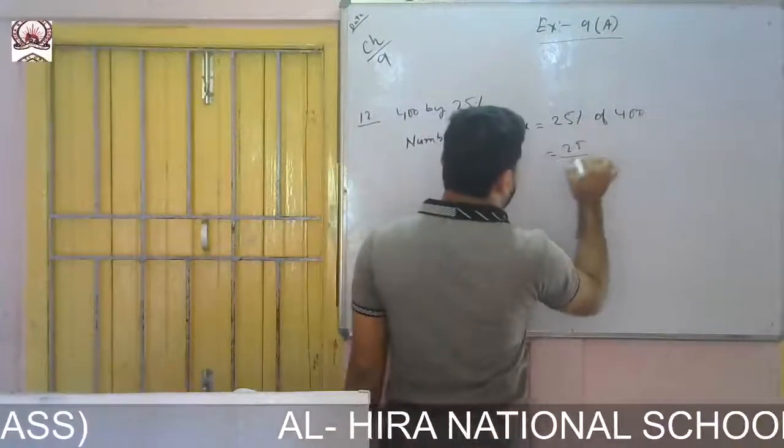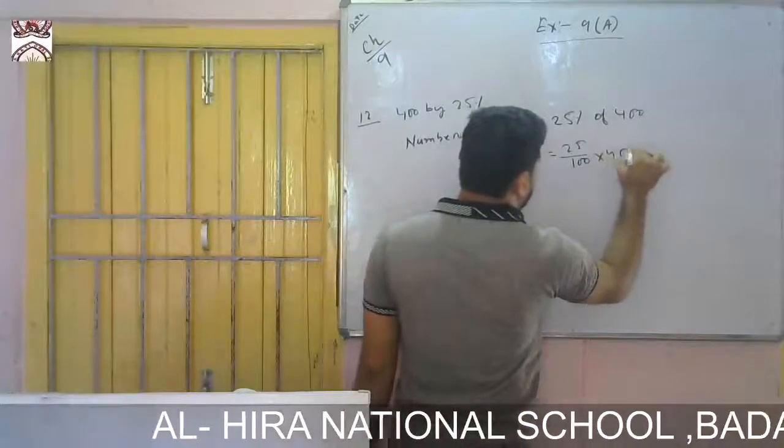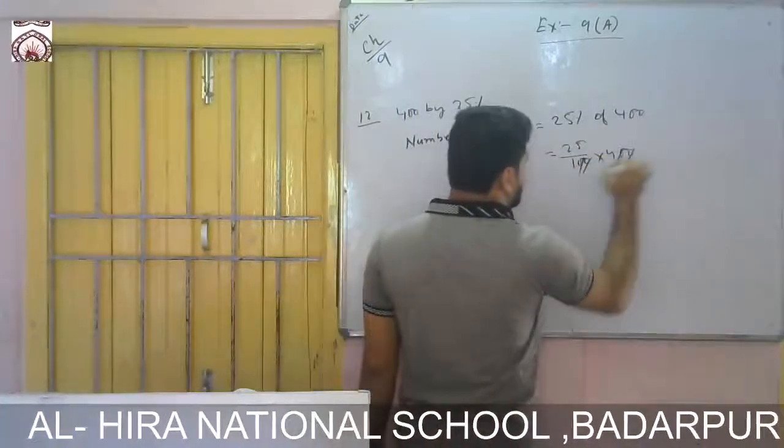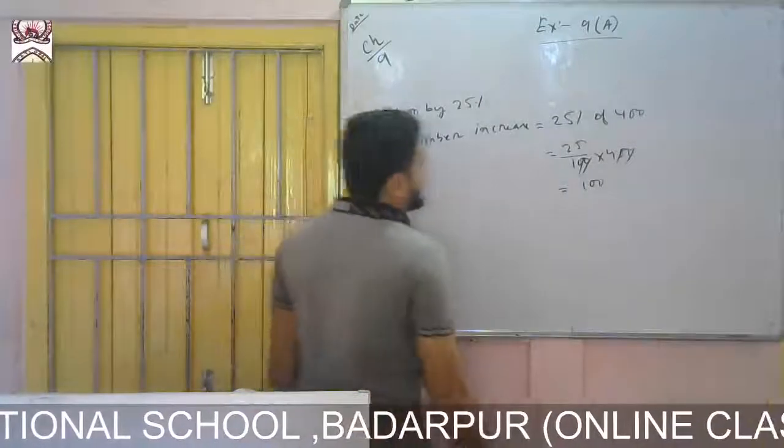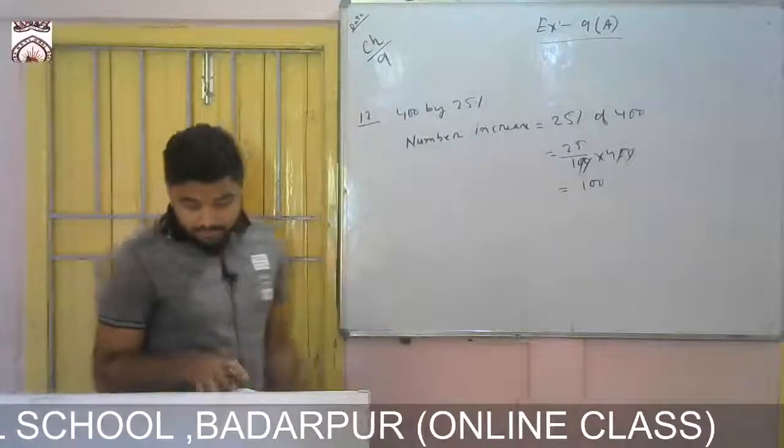So it will be 25 by 100 into 400. Cancel the zeros, it will be 100.